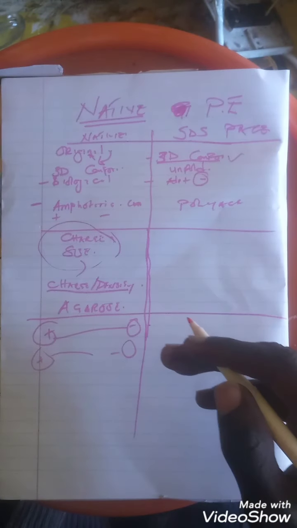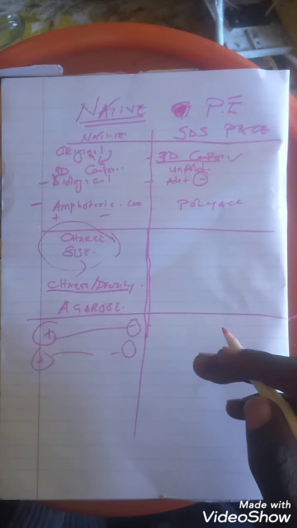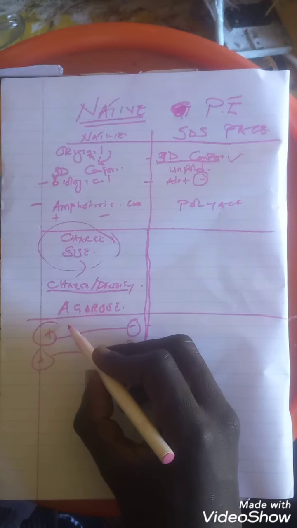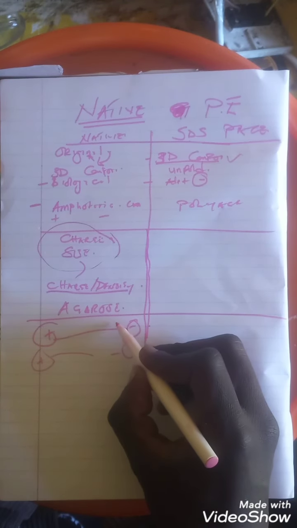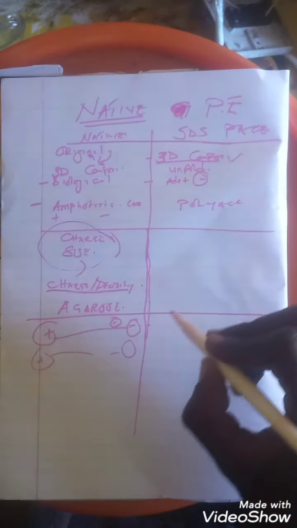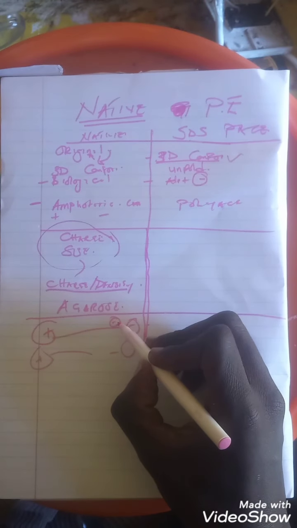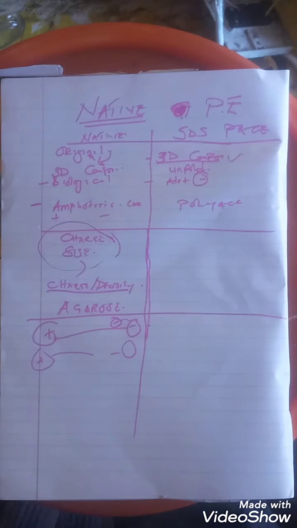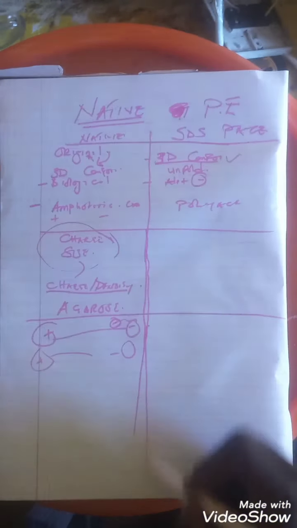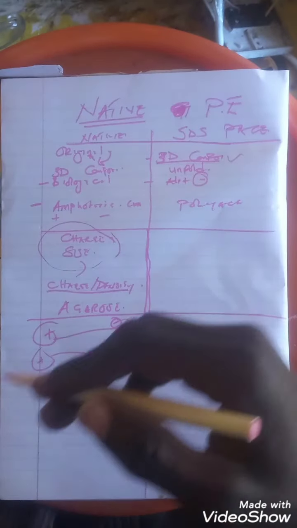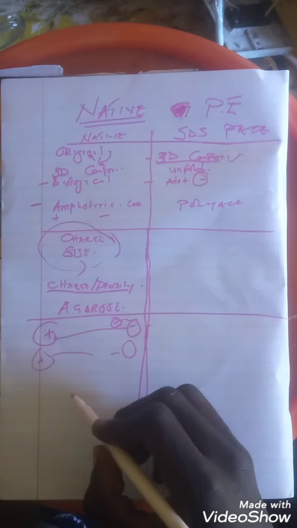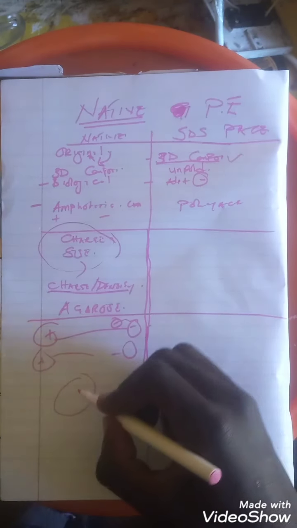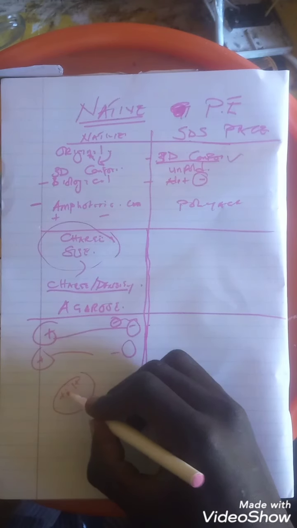But in the case of electroendosmosis, we sometimes encounter proteins which have a net negative charge, but we find them migrating to the negatively charged electrode. And this is due to impurities which are found in the agarose gel that tend to form a partial cloud that has positive charges.